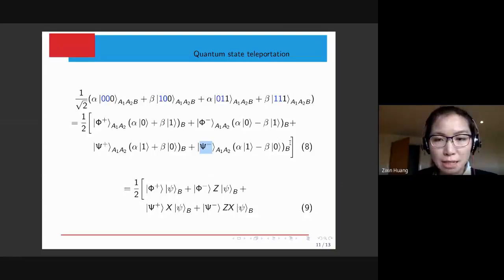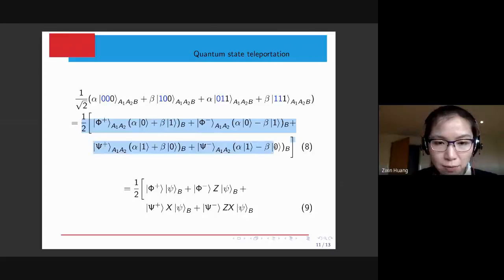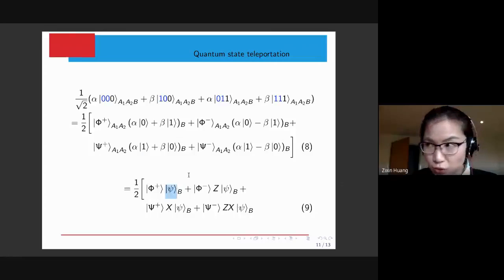And now let's write this in an even more compact way. So you have a phi plus tensored with psi, the original state that Alice wants to teleport. Just take note that there is now a beta subscript in front of psi.